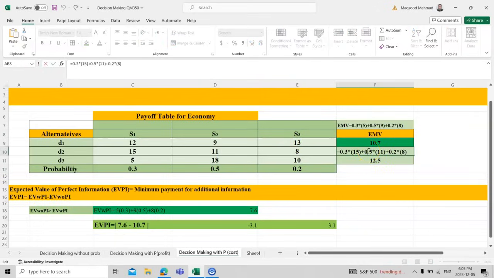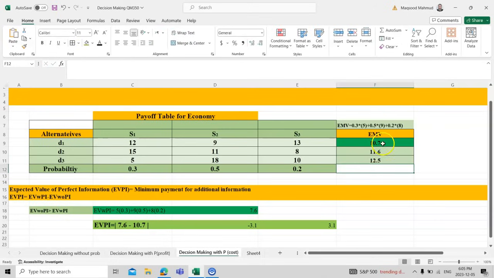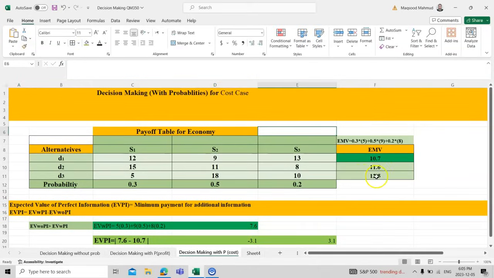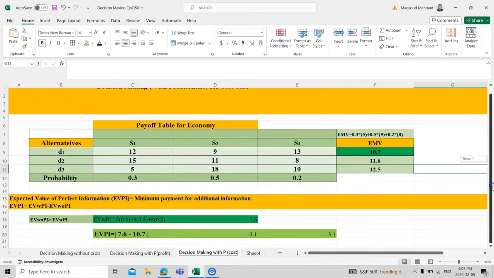The EMV value for D2 is this one, and the EMV value for D3 is this one, right? So this is the case for cost. When it is the case for cost, I need to pick the lowest value, not the highest. In profit we take the highest value; in cost we take the lowest value. So I got this one.